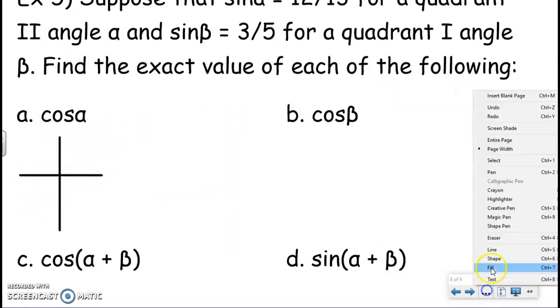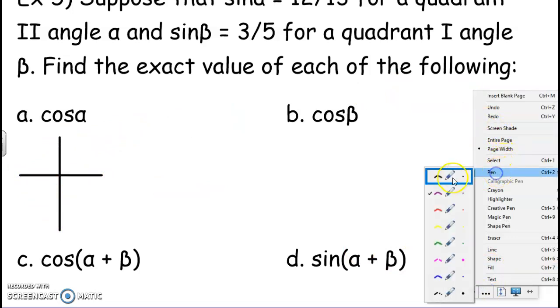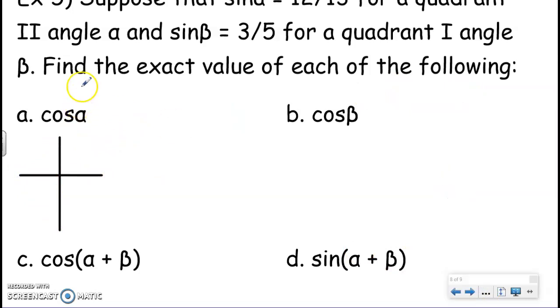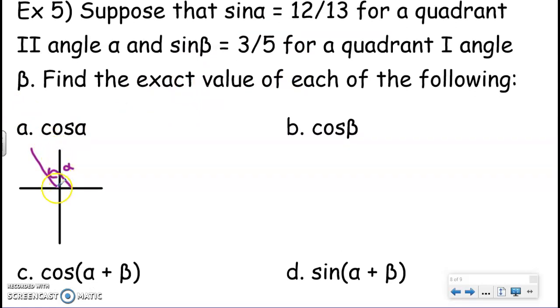Okay, so if I draw this in, if I know alpha is here, it's really bad alpha, but it's in quadrant 2, and sine is going to be opposite over hypotenuse, or y over r.